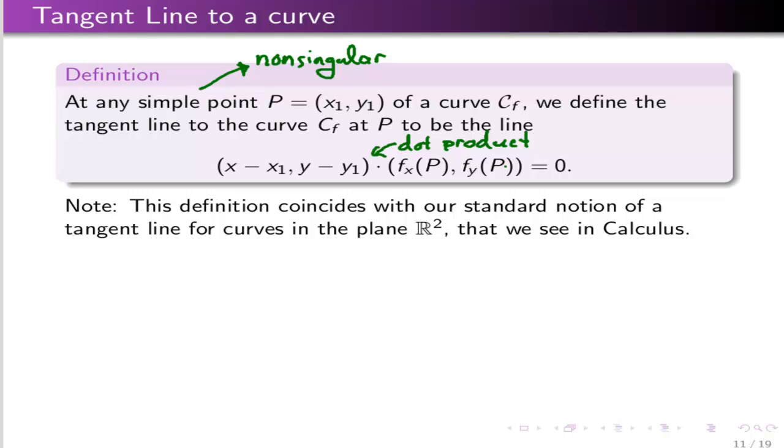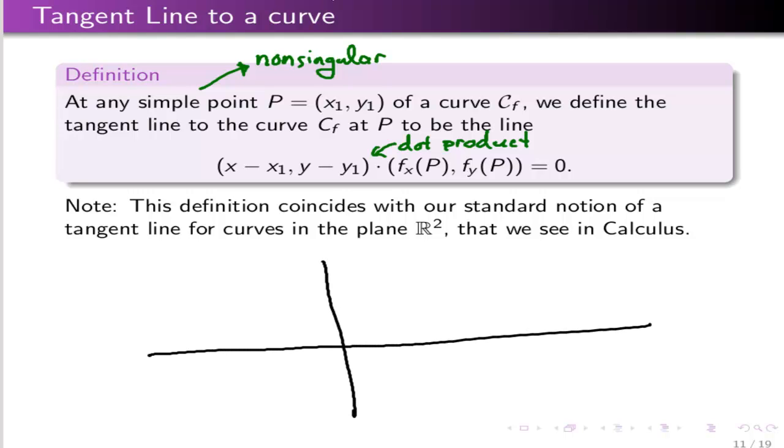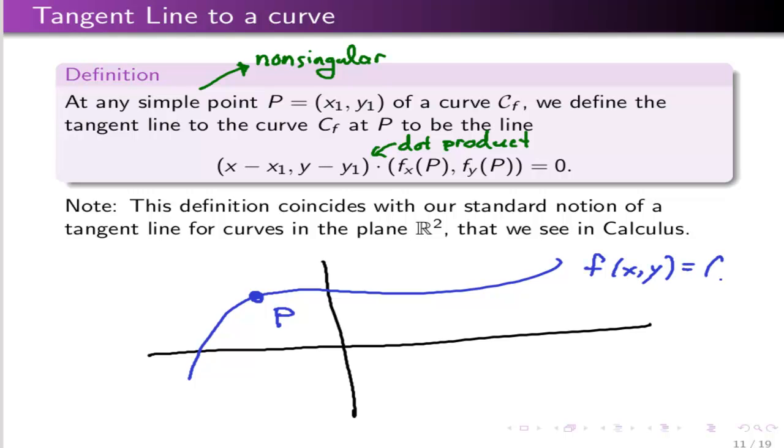Well, this is exactly what you would have seen in calculus. So recall, if you have a curve in the plane, some curve like this, and we're at a given point P here, and you want to find the tangent line to the curve. So the curve is given by f of x, y equals 0.